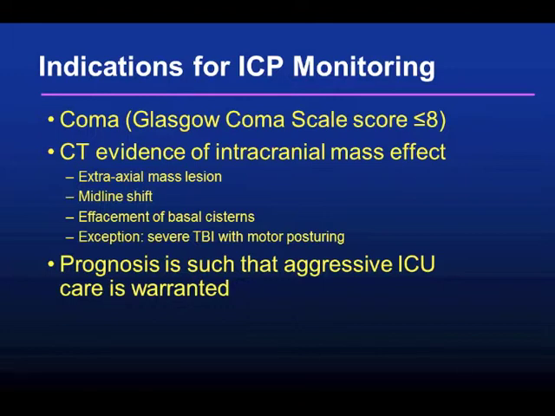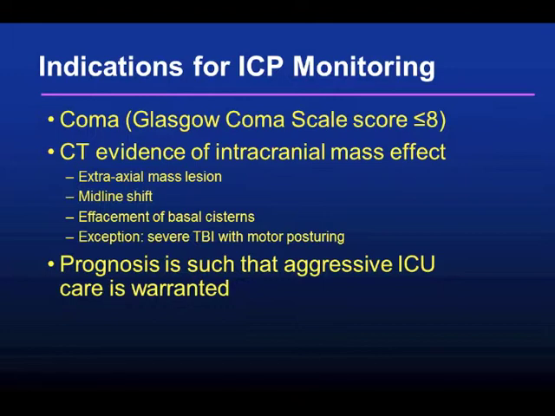And then the third one, which is important, is that, so now you've got a guy in a coma, and the scan's telling you that you've got to worry about ICP. It may be high, it may not. And number 3 is the prognosis of the patient is such that aggressive intensive care is warranted.